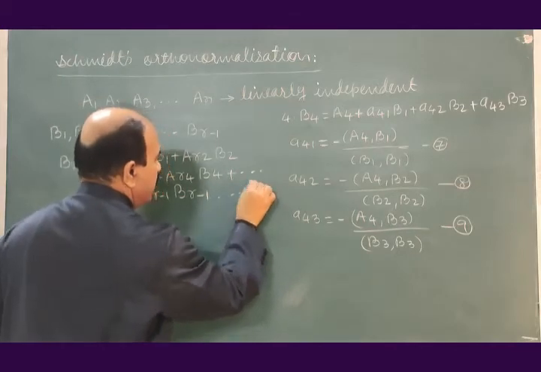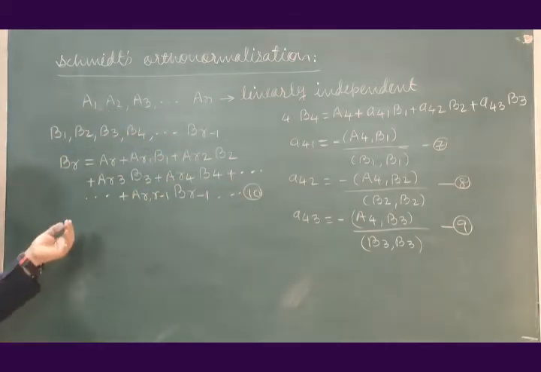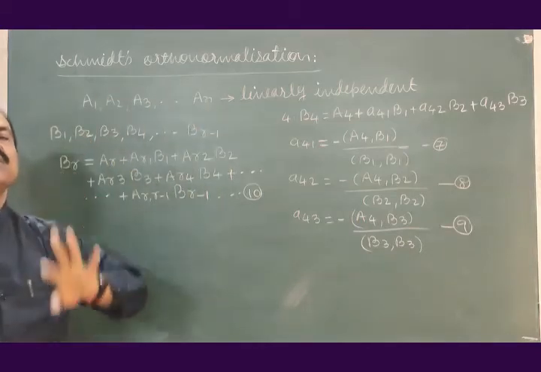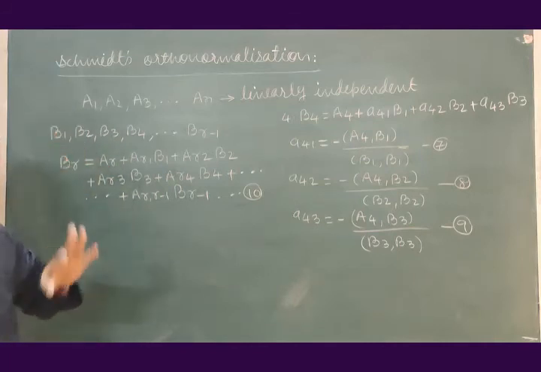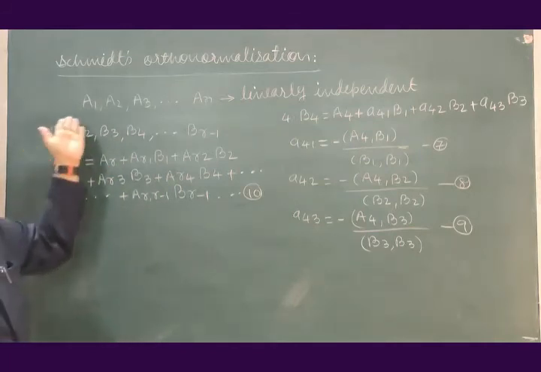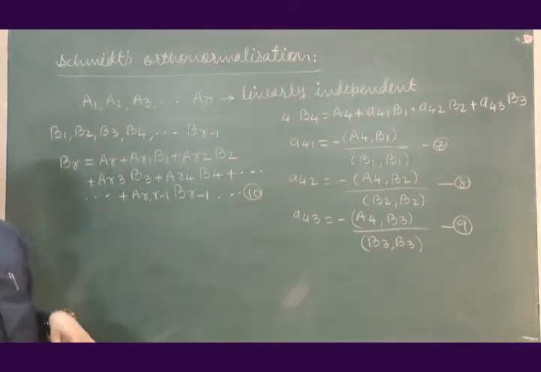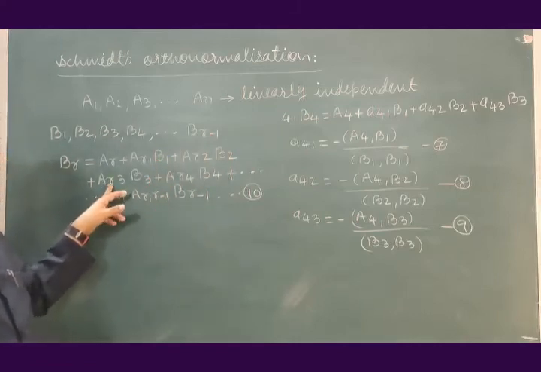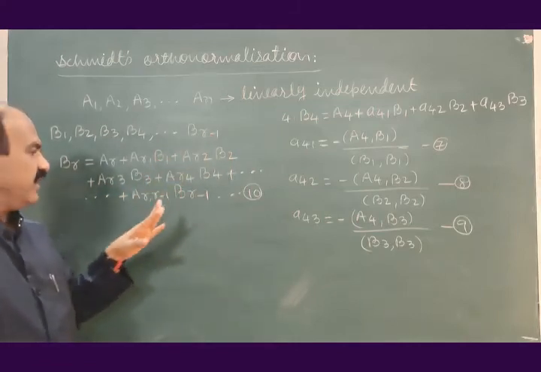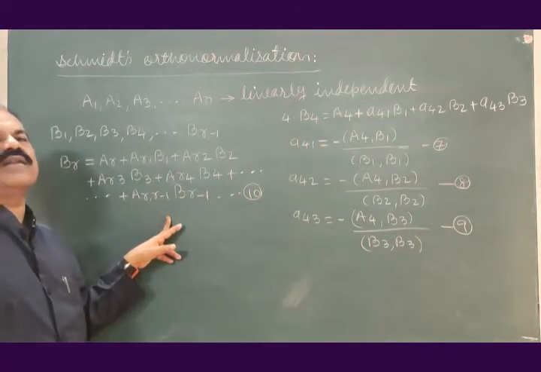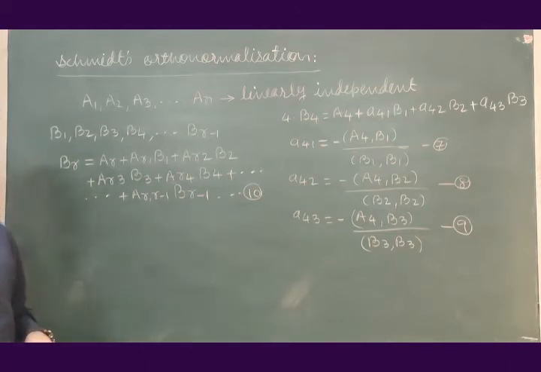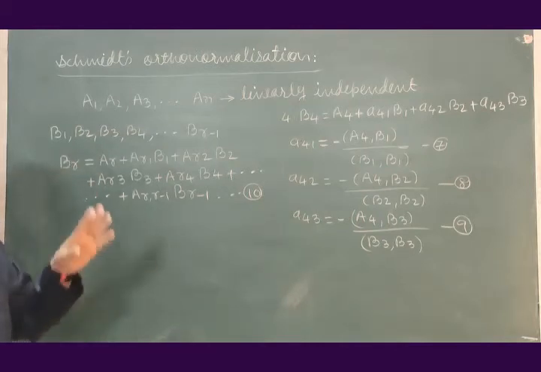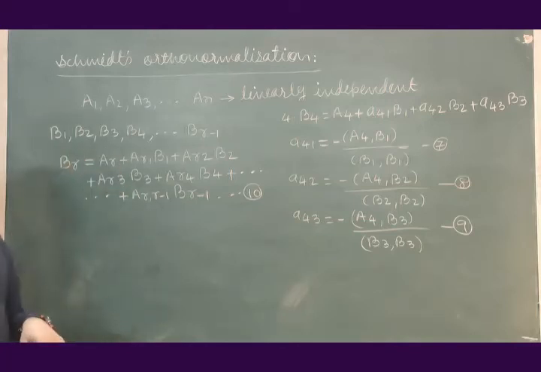Equation number 10. Now here b1, b2, b3 up to br minus 1 are known. ar is known. ar1 is not known, ar2 is not known, ar3, ar4, ar5 up to ar comma r minus 1 are not known. We have to find all these scalar constants ar1, ar2, ar3 and so on.